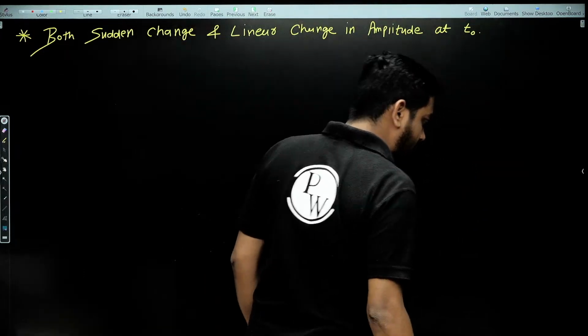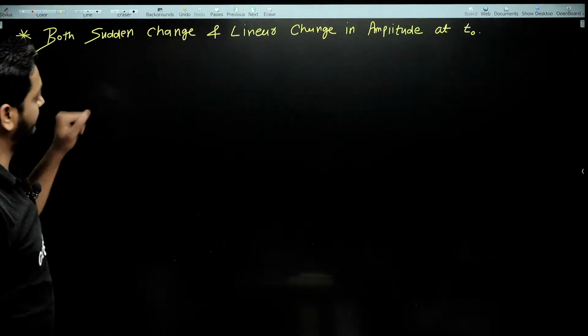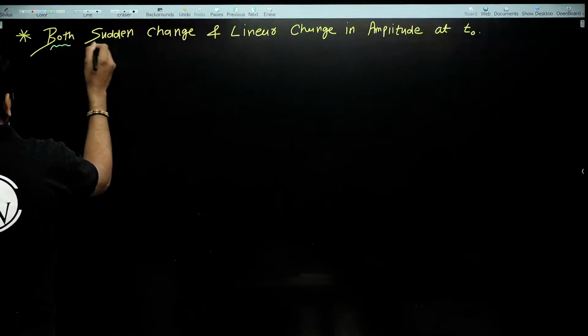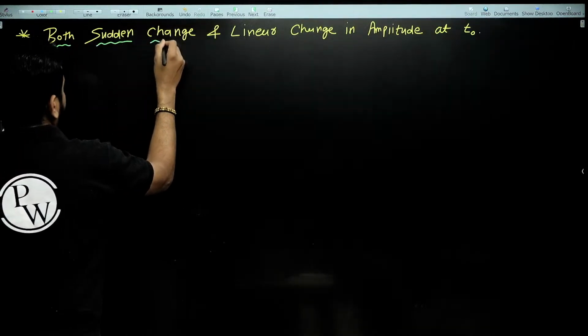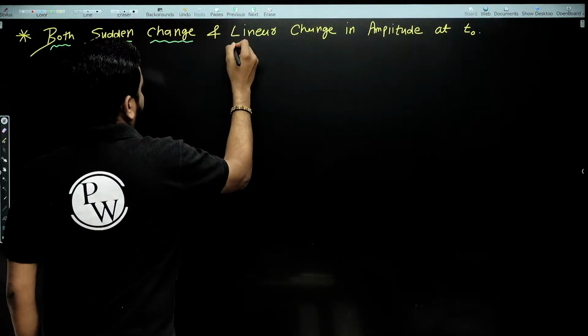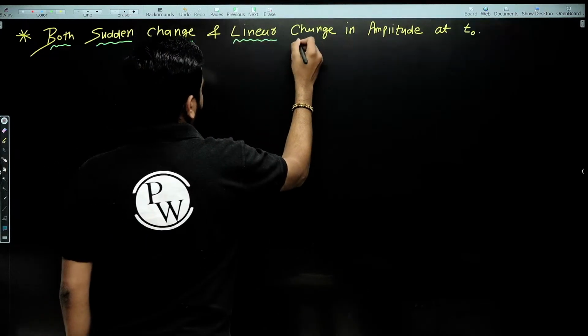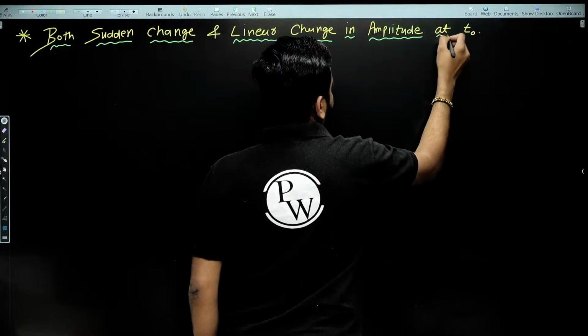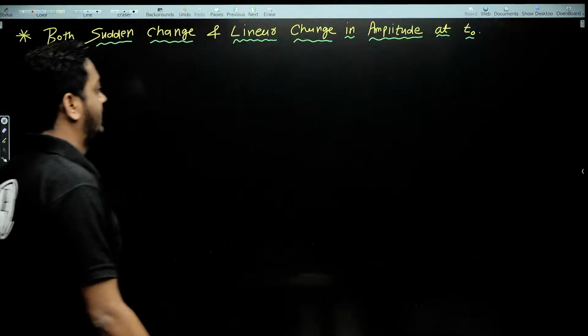Correct? Both, guys. Then simply what you have to do is again the same procedure. We will get a step function at t naught as well as a ramp function at t naught, guys.